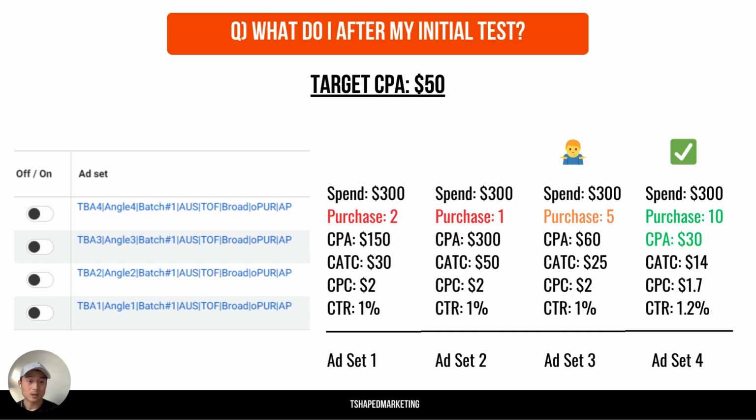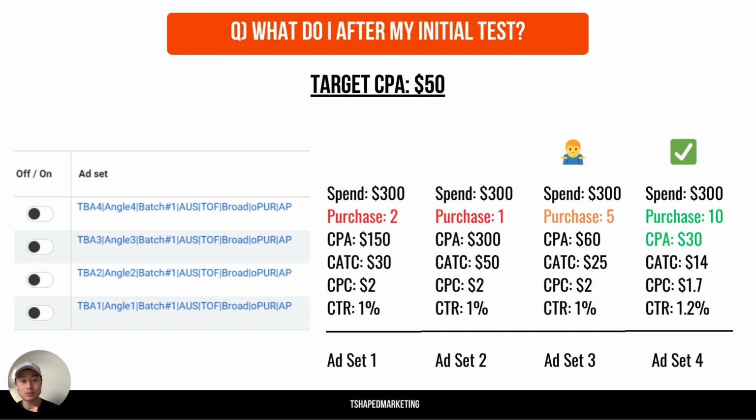But you can see asset four is in the green zone because the CPA is 30. It's below that $50 CPA. So I would mark this and write it down in a spreadsheet and know why this angle has worked compared to angles 1, 2, 3.